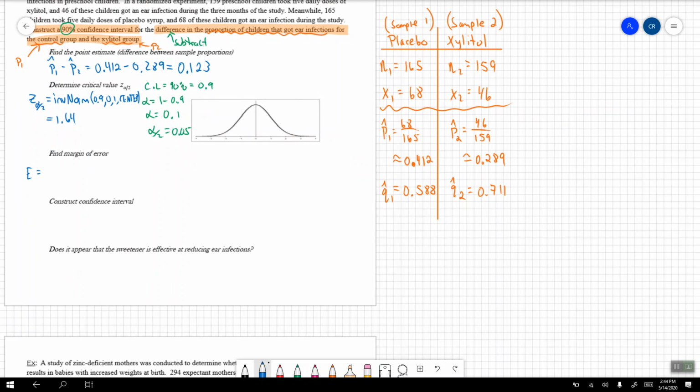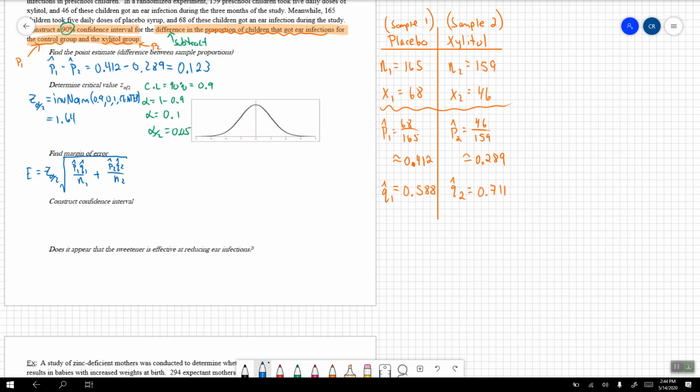All right, I'm going to need z sub alpha over 2, multiplied by the square root of p hat 1, q hat 1, divided by n1, plus p hat 2, q hat 2 divided by n2.